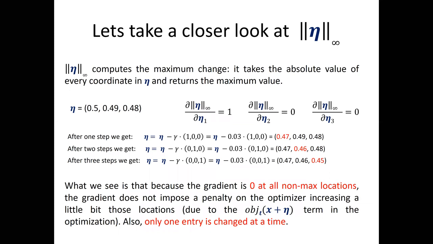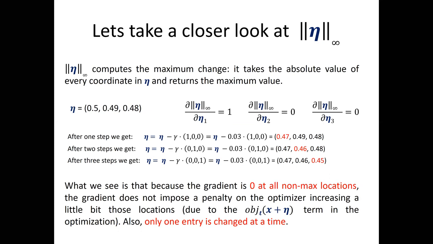It's just going to take the absolute value of every dimension in eta and get the maximum value. So if we look at this example, just an example we're going to use throughout to demonstrate the issues, if I have this eta over here on the left, with the vector 0.5, 0.49, 0.48, then the L infinity norm of eta is going to be 0.5.